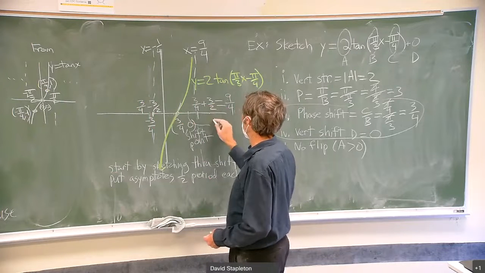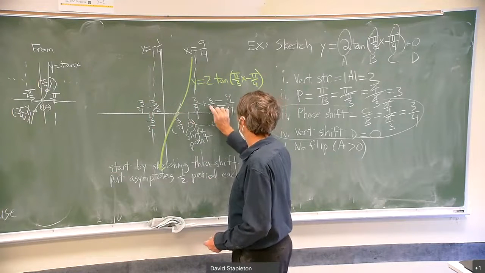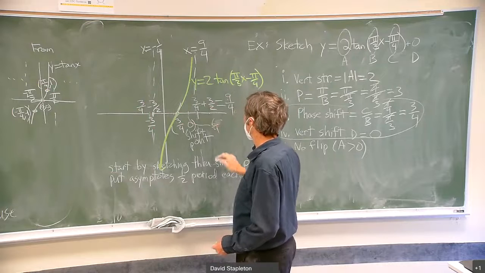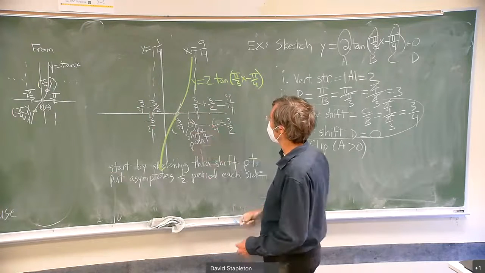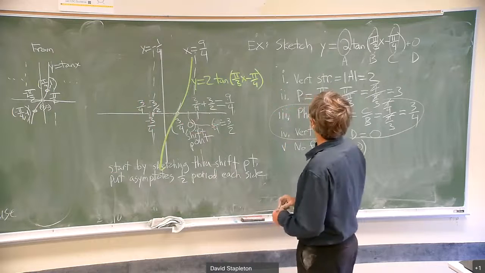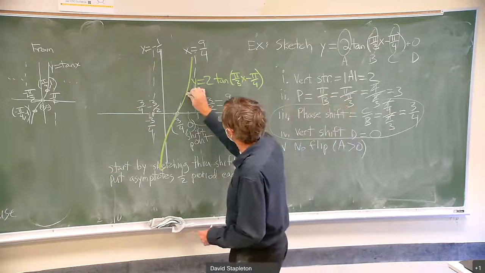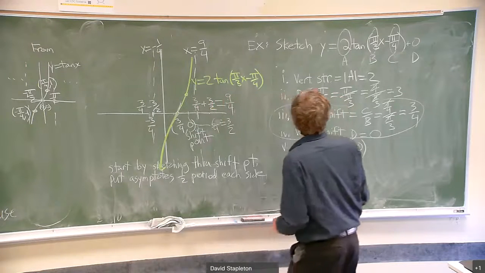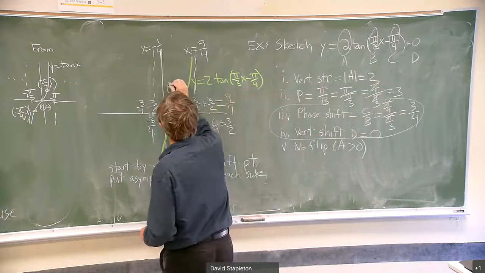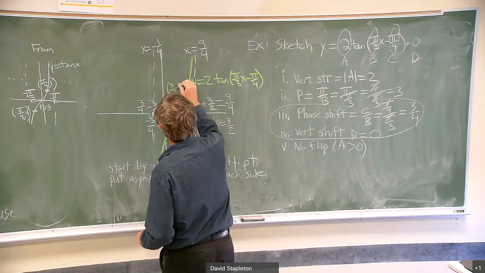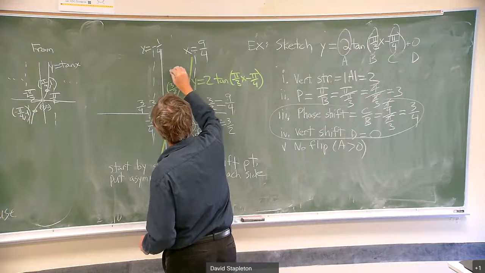Halfway between 3 and 9 is 6. 6/4, which is also known as 3/2, right? So this is the point 3/2 halfway in between. And if I didn't stretch it, it would be 1 unit up right over that, right? But actually I stretched it by a factor of 2, so it's going to be 2 units up. This is going to be the point 3/2, 2.